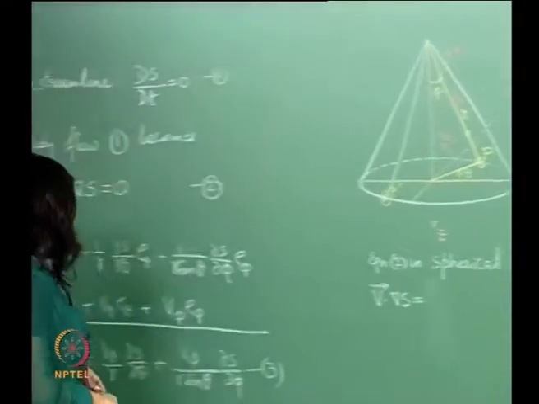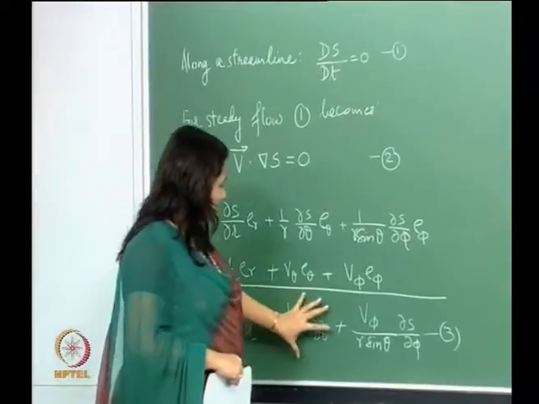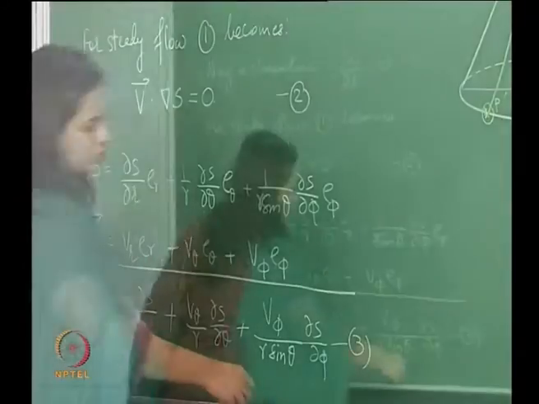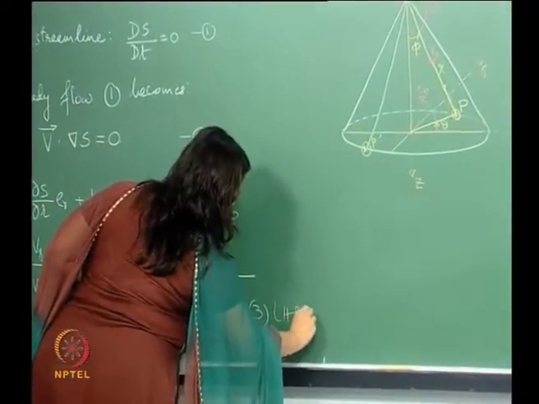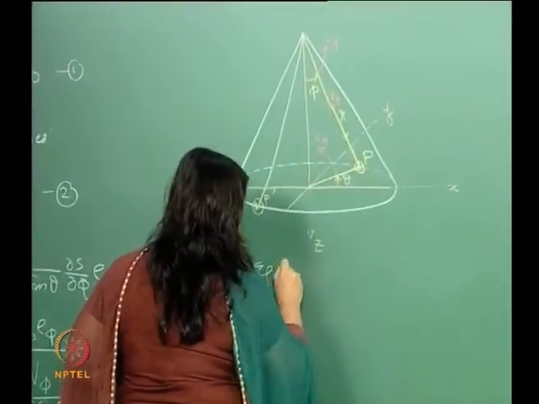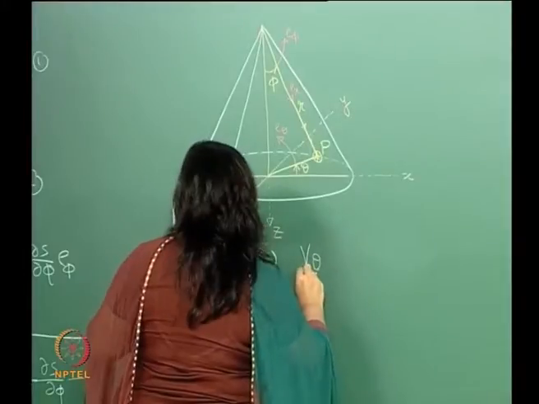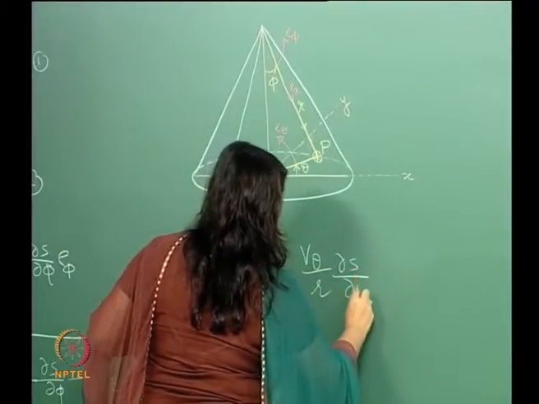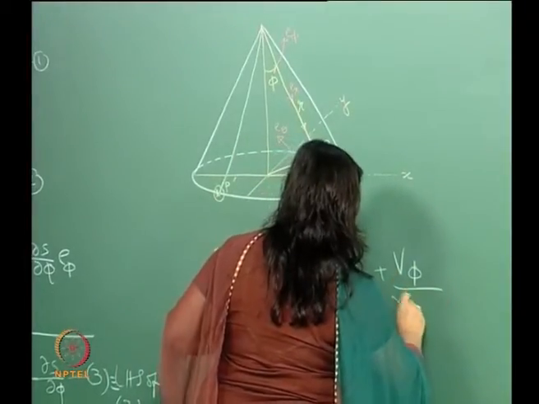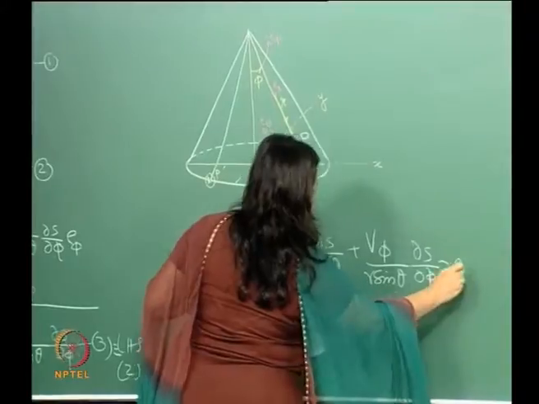Taking that out, this term will go. So, we will have only this term and this term. This 3 is basically the left hand side of equation 2. Therefore, equation 2 becomes V theta by r del S del theta plus V phi by r sin theta del S by del phi equal to 0.